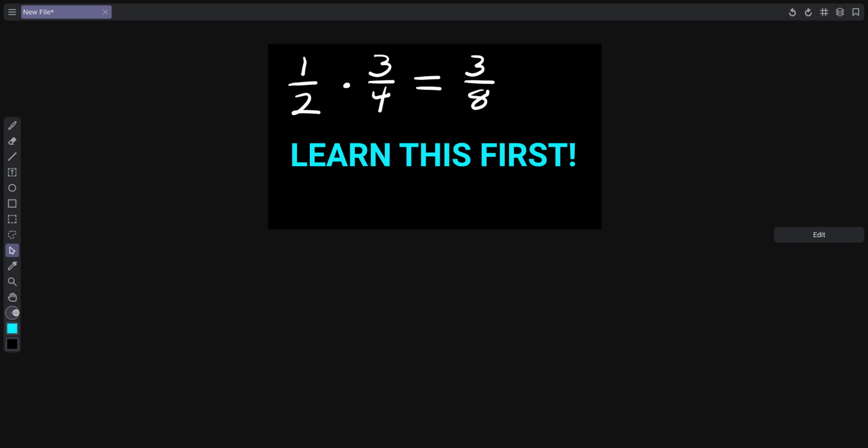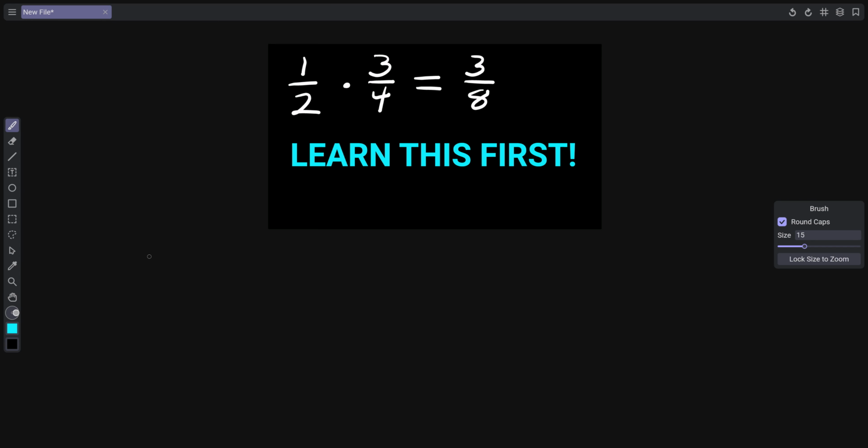If you are struggling with adding fractions, subtracting fractions, or dividing with fractions, then I highly recommend learning how to multiply with fractions first, because this is the most straightforward process compared to the others.